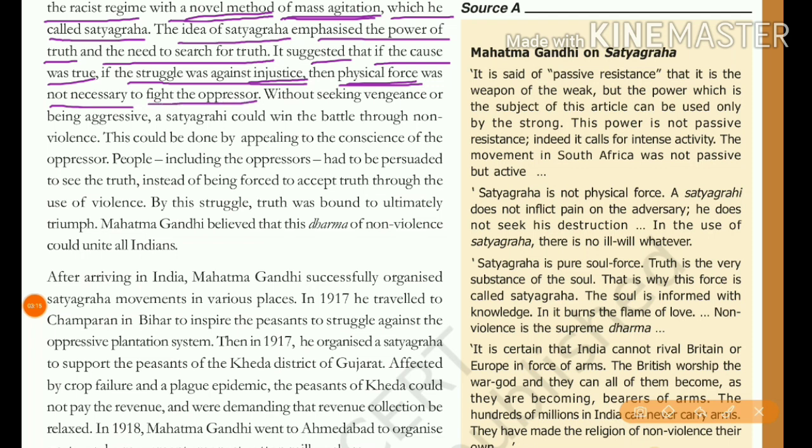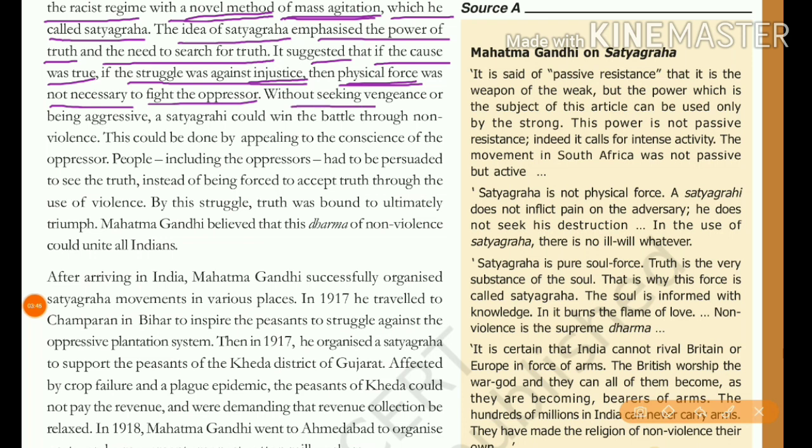So there is no need to use physical force or fight with arms against those who oppress the people.